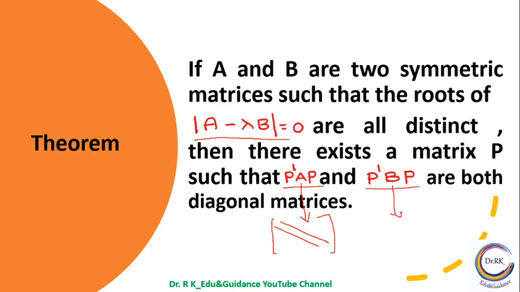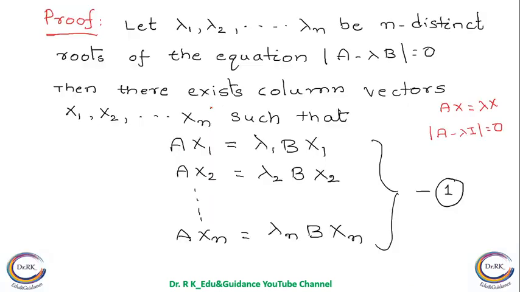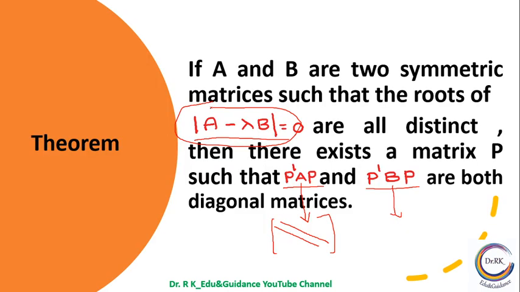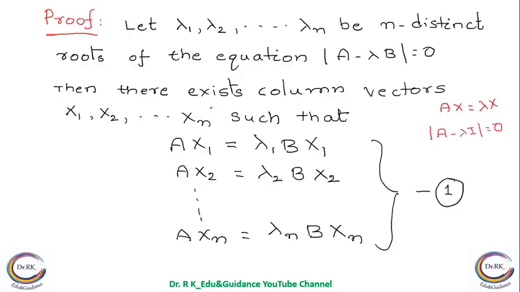So where we have to use this, that is A, B are two symmetric matrices where the roots of this det of A minus lambda B equal to 0 are all distinct. So let us prove. Here, when we see this, we remember the characteristic equation, eigenvalues, eigenvectors.